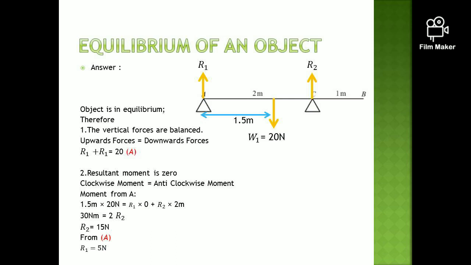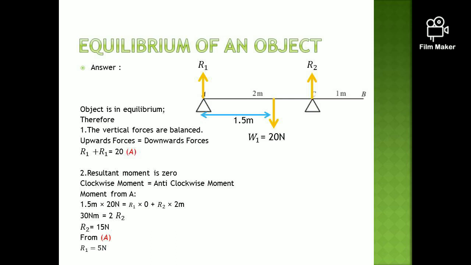Then the second condition, the resultant moment is 0. Therefore, you can work out clockwise moments equal to anti-clockwise moments. So I will consider the moments around point A. That is easier for me to do. Then the clockwise moment is 1.5 into 20 newtons, equal to the anti-clockwise moments. R1 into, I am considering the moments around A, so the distance is 0.